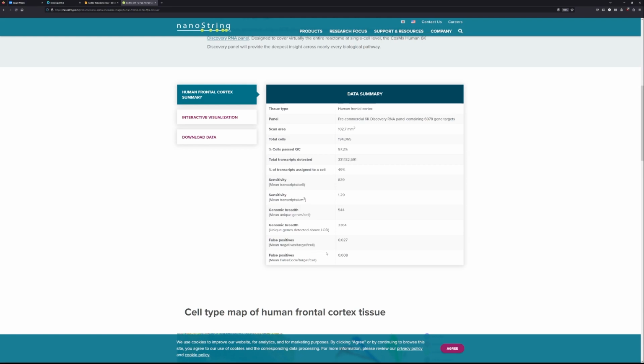We have some negative targets in our sample that allow us to see whether or not there's a high proportion of false positives being identified. False positives, yeah, which is very, very low, which is good. What's another one? Scan area, we can see the total area of the sample that they had selected, which is pretty big.